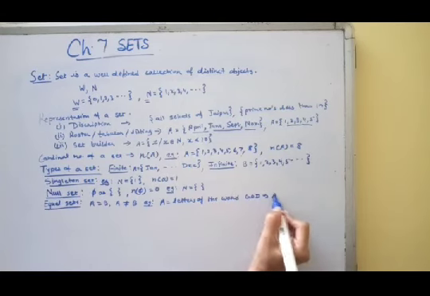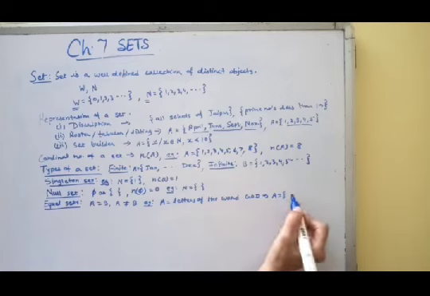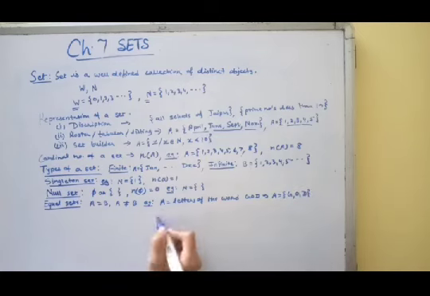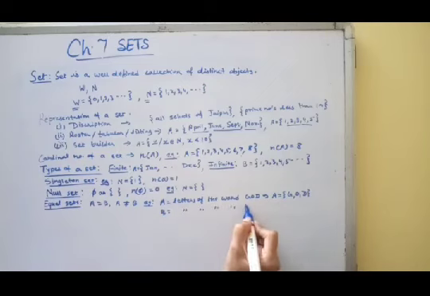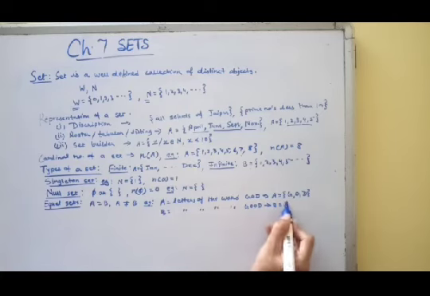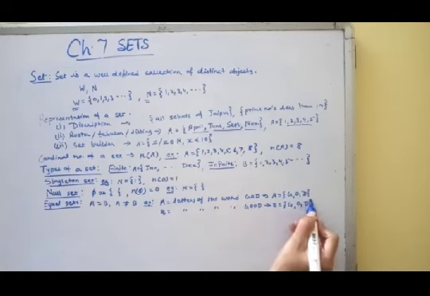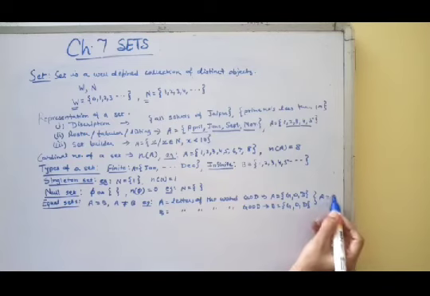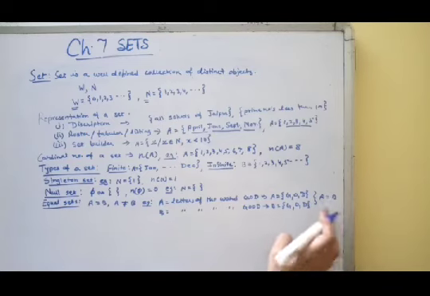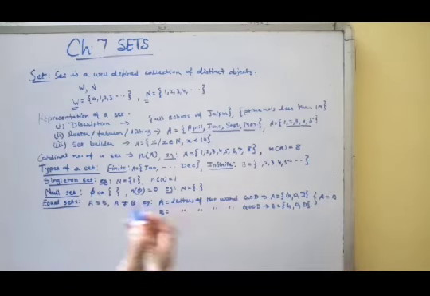In roster form, it is G, O, D. And set B has the letters of the word GOOD. The letters are G, O, D, because O is not repeated here. So these two sets are equal sets, and you write A equals B.